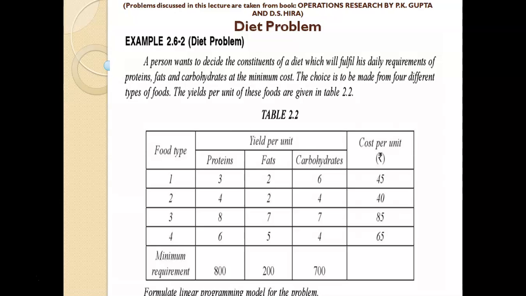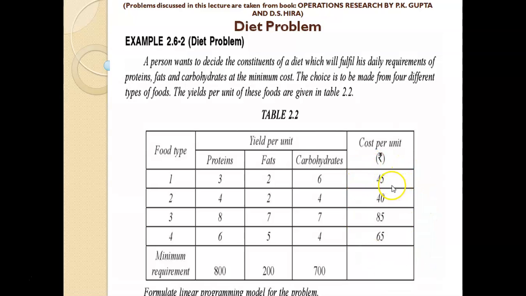Okay. The problem is how many units of food type 1, food type 2, food type 3 and food type 4 are to be taken, or purchased, so that a person gets all the necessary nutrients, these three nutrients, proteins, fats and carbohydrates, in the desired quantity, and with minimum possible cost.